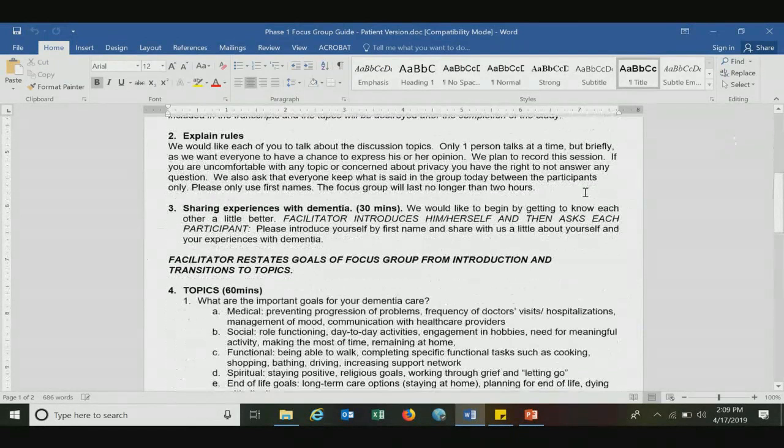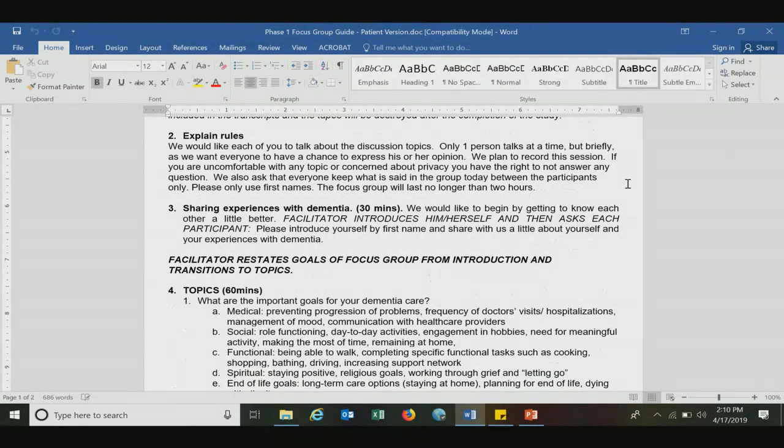Then there's a little bit in here about explaining the rules. So one person talks at a time. Don't talk over somebody. And that it's okay if you don't answer something. And then you note that we say, please only use first names. Well, that's just a way in which to try to protect confidentiality.